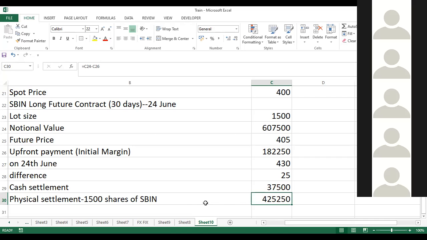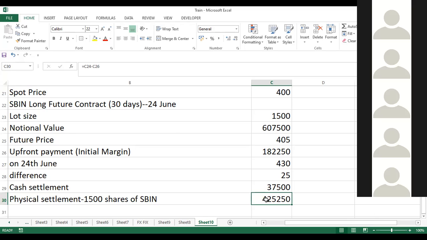So to take this physical delivery, you already put in this money in the beginning. This was the total value minus this value. You also need to put in an extra 4,25,250 in the account. I'm not taking the brokerage and other things into account at the moment.